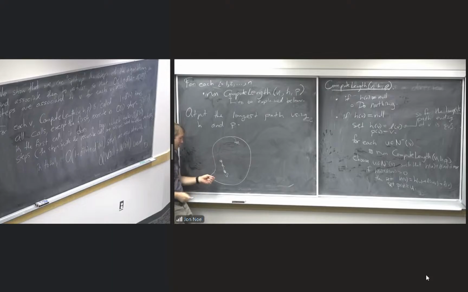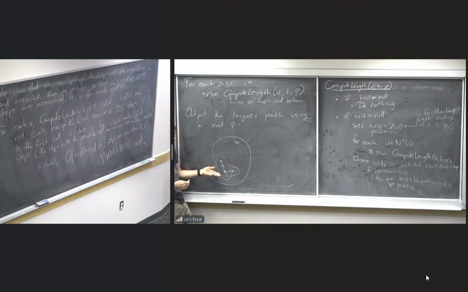Then this is the set R of vertices that have been reached. What's the shortest way to get from S to something outside of R? It could be through here and then out, or it could just be from S. Whichever it is, you take that, and then you enlarge your set of things you've reached.